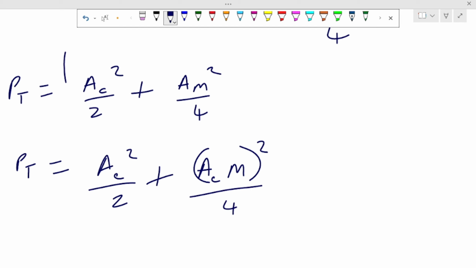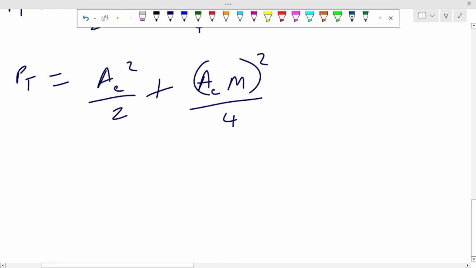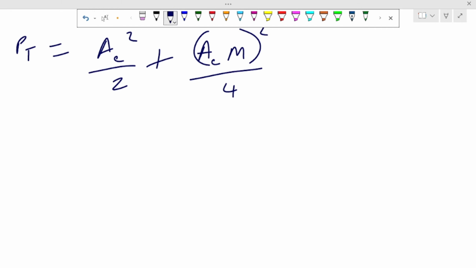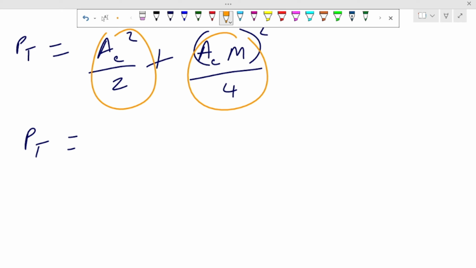Now from this point we can factorize. You see that there are things common here now. You have AC here, you have AC here. No, this one is squared. So let's quickly do that.